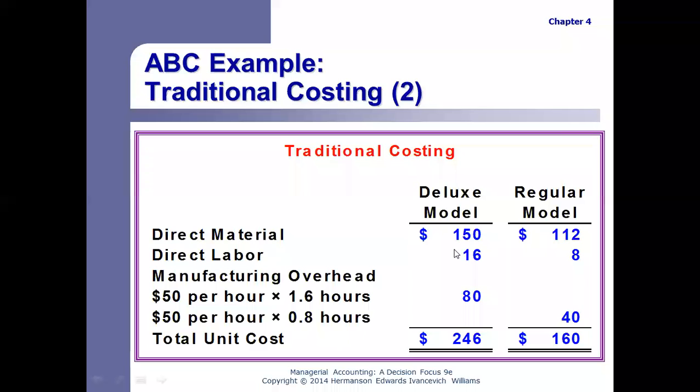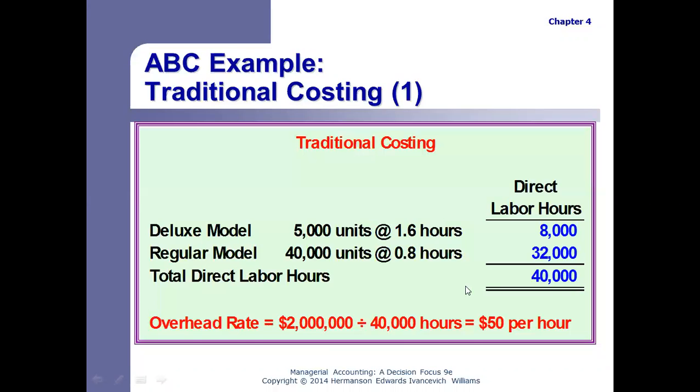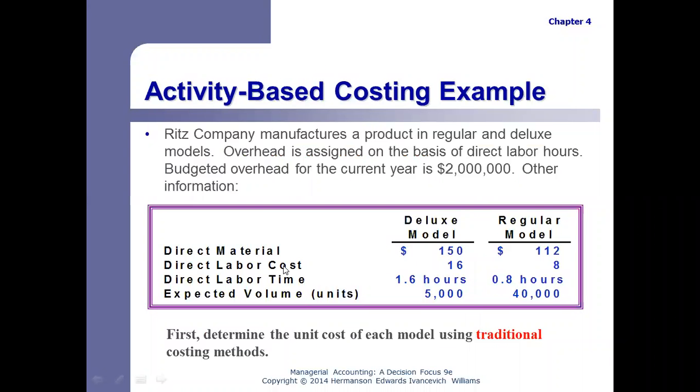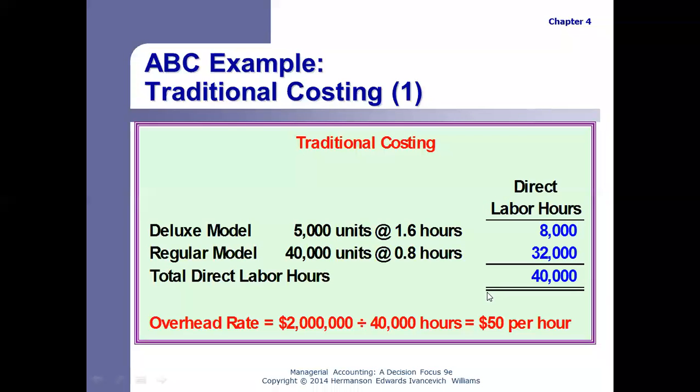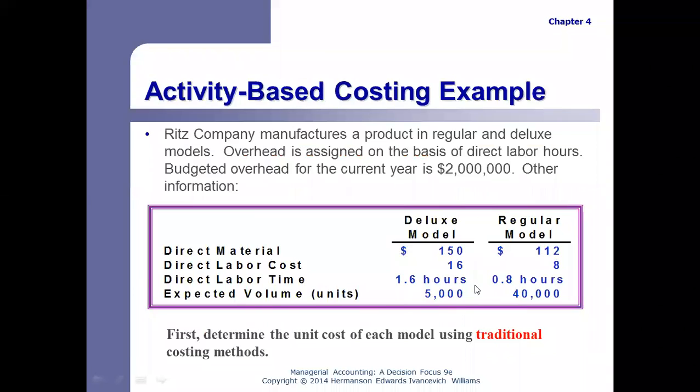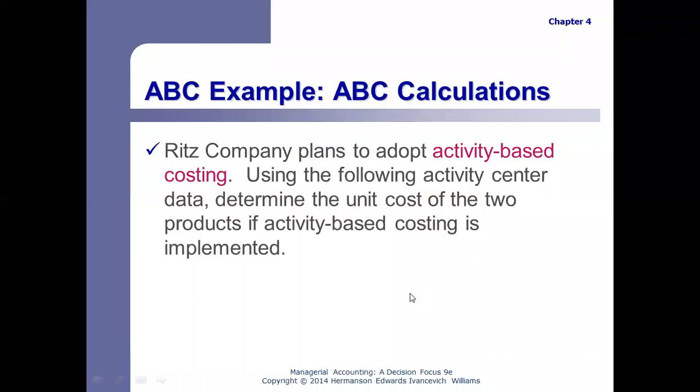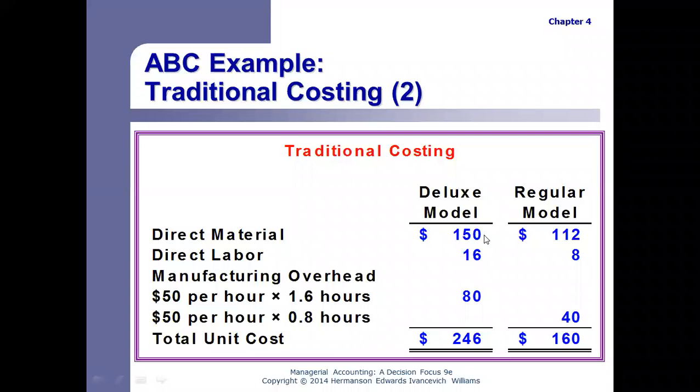Direct labor, we saw earlier, costs 16 and 8. There's the direct materials, 150 and 112. So direct materials and direct labor can be directly tied to each of the two models.